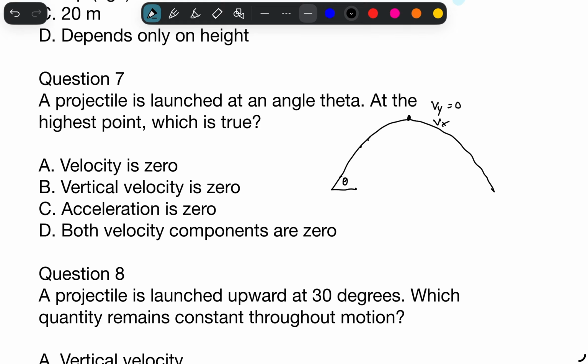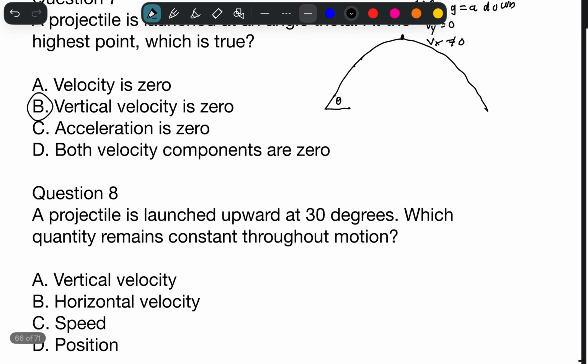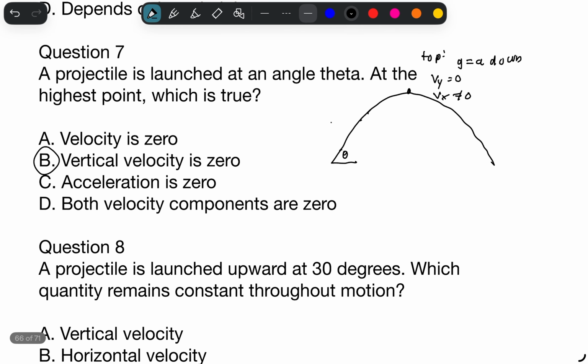Your Vx is not going to be equal to 0, because that horizontal velocity is going to be the thing that will keep you moving. So that cannot equal 0. But your acceleration is still going to equal g downward. So your vertical velocity is going to be 0 because it's transitioning from going in the up direction to the down direction.